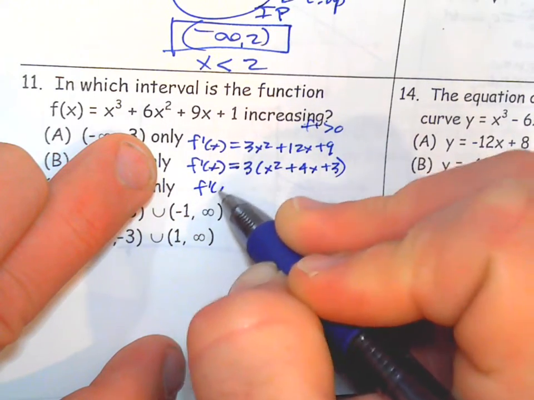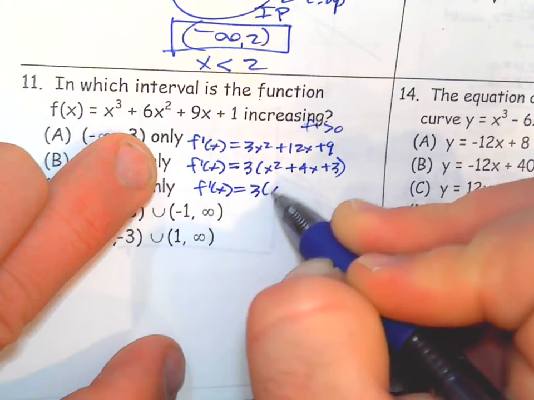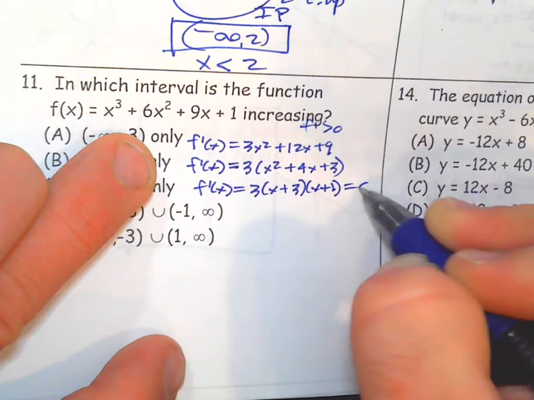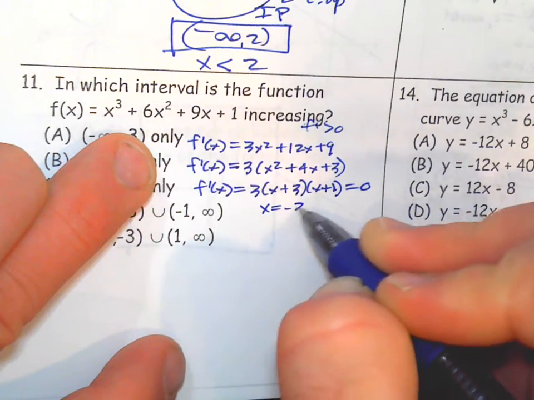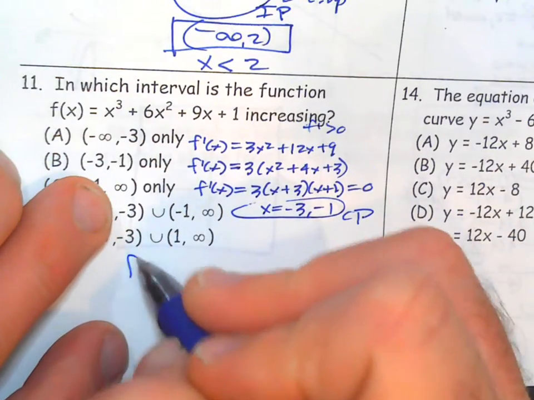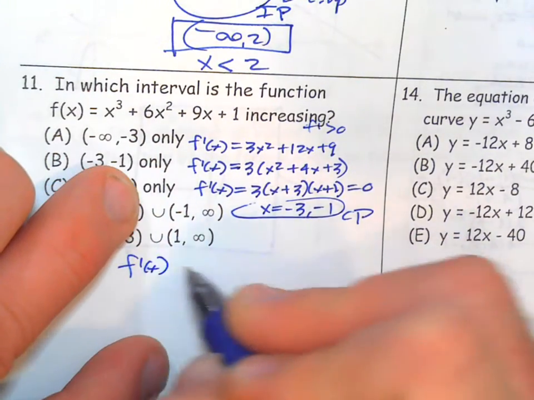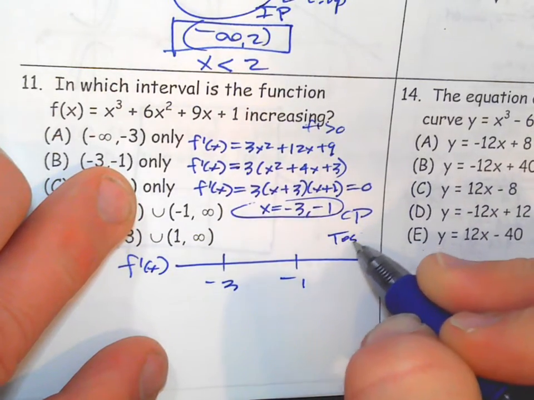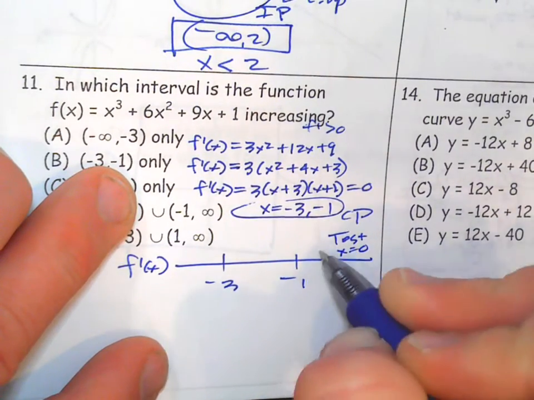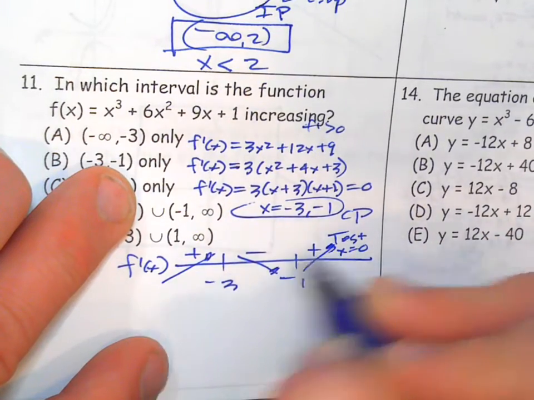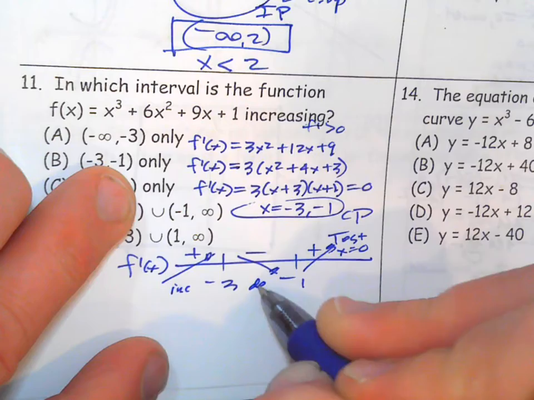Keep going. x plus 3, x plus 1. x equals negative 3, negative 1. So those are your critical points. So I'm going to do a line check. Test x equals 0, positive, negative, positive, increasing, decreasing, increasing.